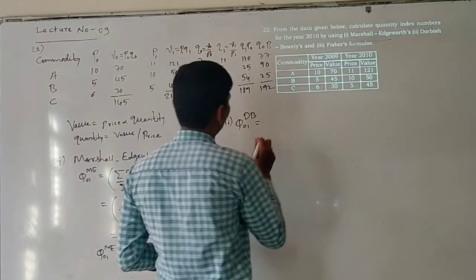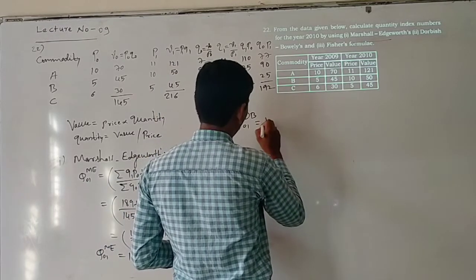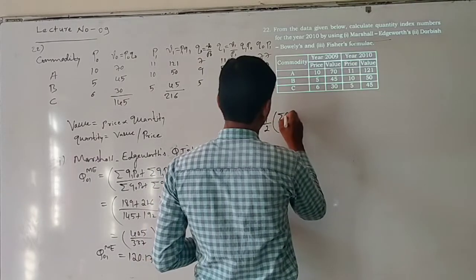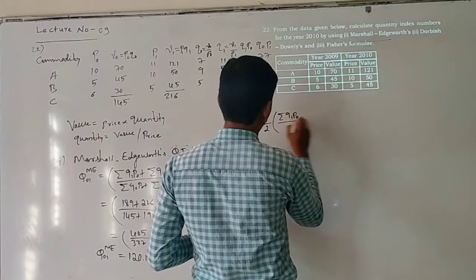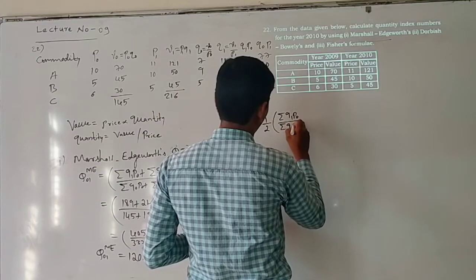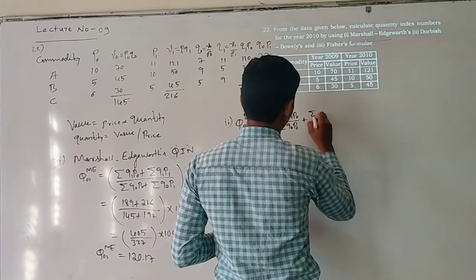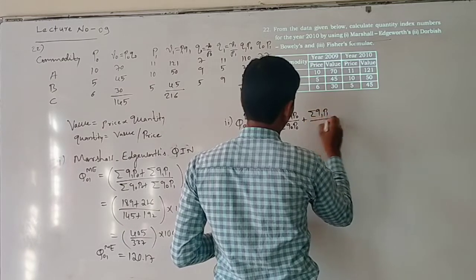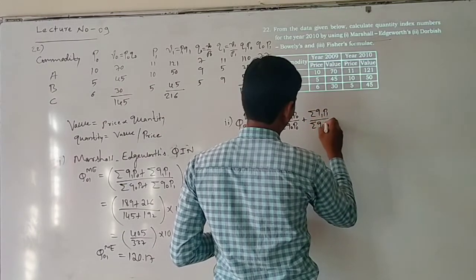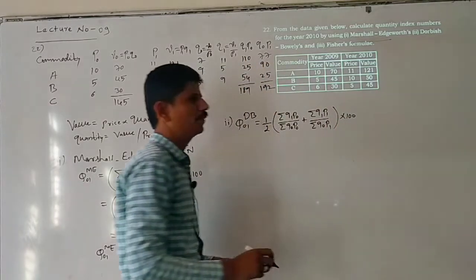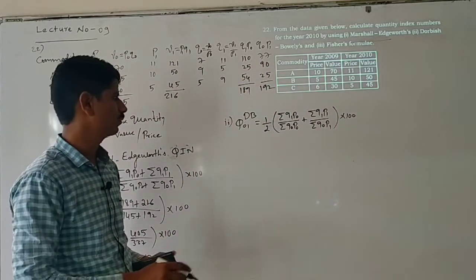You have to apply the formula. That is 1 by 2 into sum of Q1 P0 by sum of Q0 P0 plus sum of Q1 P1 by sum of Q0 P1, into 100. It is the arithmetic mean of Laspeyres and Paasche's index numbers.